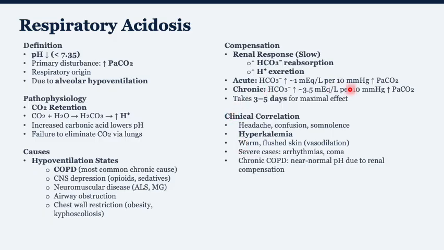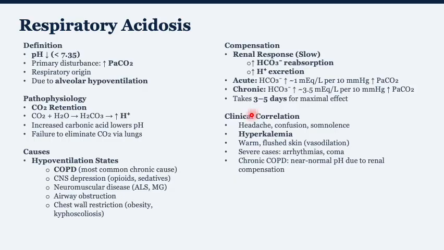There is a ratio, just like I showed you on the previous slide. If it's an acute process, bicarb will increase about 1 milliequivalents per liter per 10 millimeters of mercury as the partial pressure of carbon dioxide increases. If it's chronic, this rate is around 3.5 per 10. Still takes about 3 to 5 days for a maximum effect.